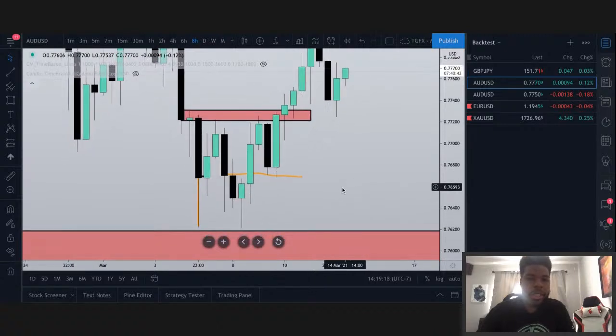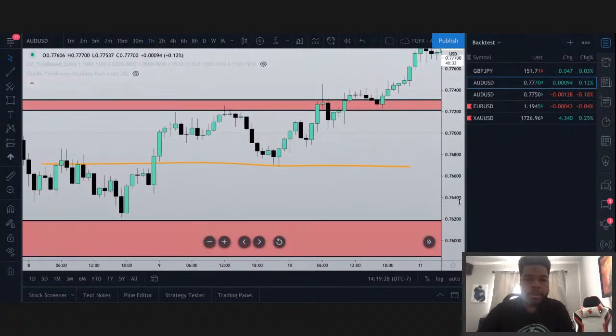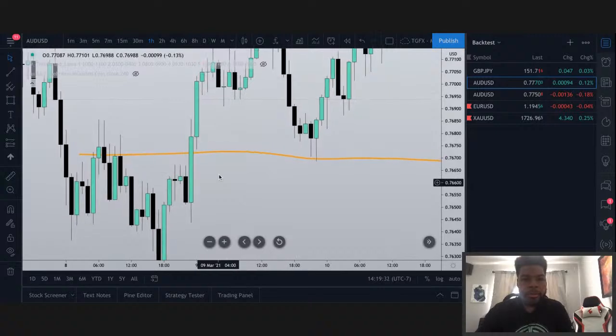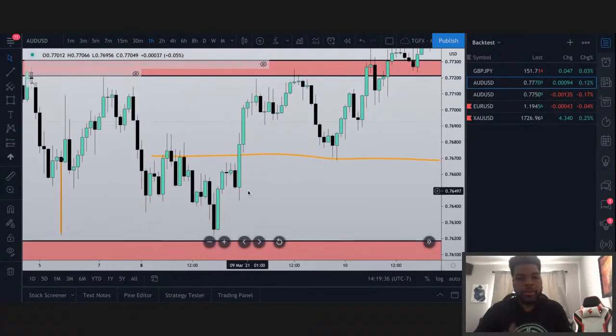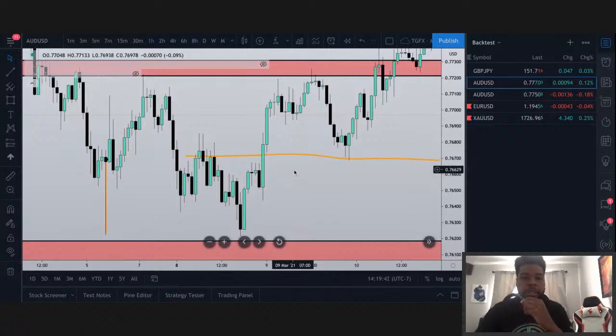All right, so when we check out the H8, we see that there was some kind of double bottom here, and there was also like this support level here. If we go to the H1, let's see if we can find more details. All right. So now that we look at this area with more details, you should start asking yourself, okay, why did price reverse here?